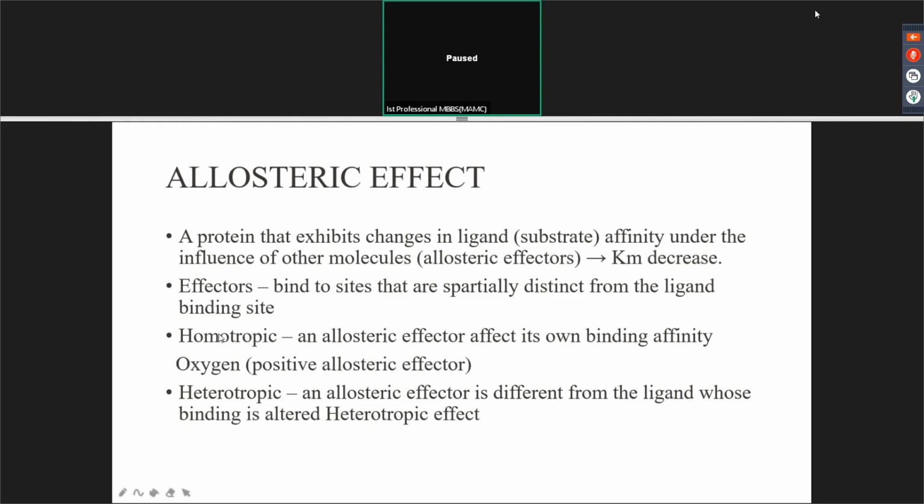And this can be homotropic, where the same molecule affects its own binding, like you have seen in oxygen, there is positive allosteric effect.